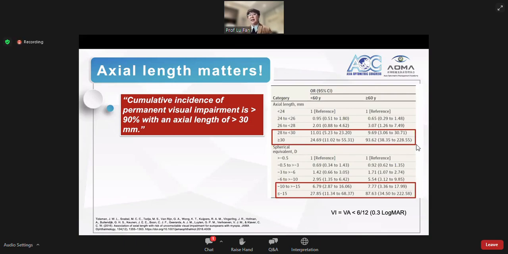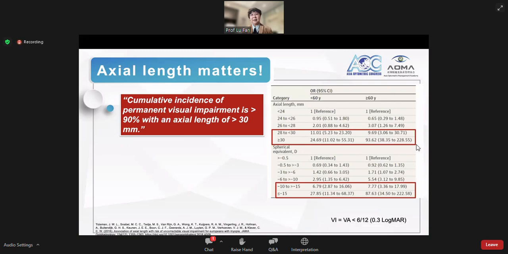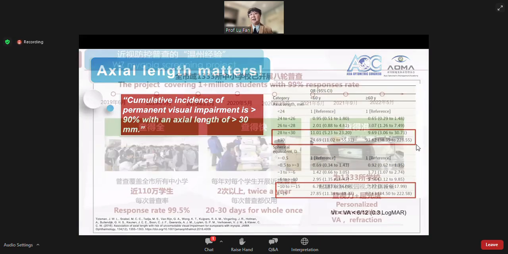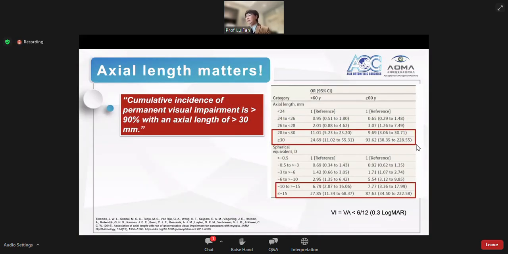Here we summarized the research data to show the facts. It is clearly indicated that abnormal axial length elongation can induce the risk of vision impairment by more than 90% when axial length is greater than 30 millimeters.